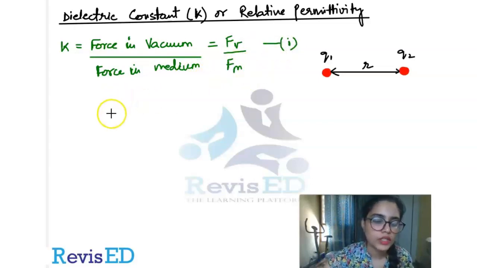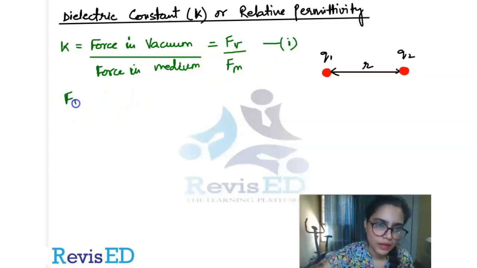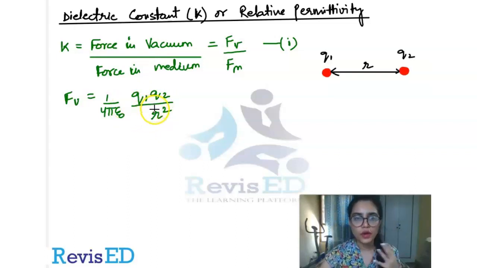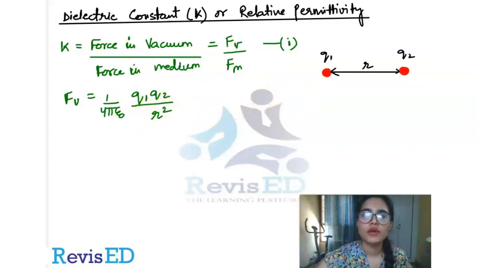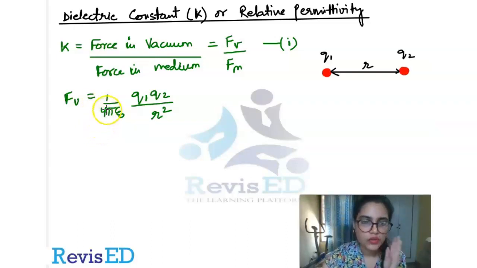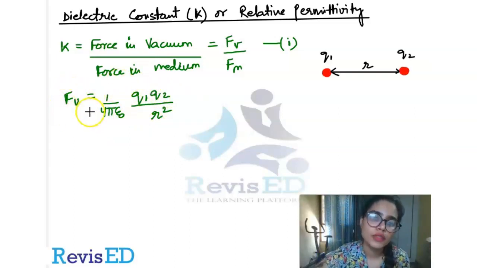We can say that the force in vacuum is 1 by 4 pi epsilon naught into Q1 Q2 by R square. Why have we written this? Because we already know that the formula for force in Coulomb's law is K into Q1 Q2 by R square, where K is 1 by 4 pi epsilon naught. So this is the value of force in vacuum.